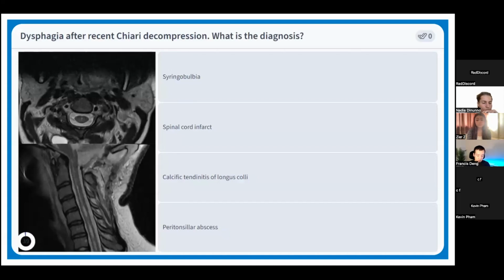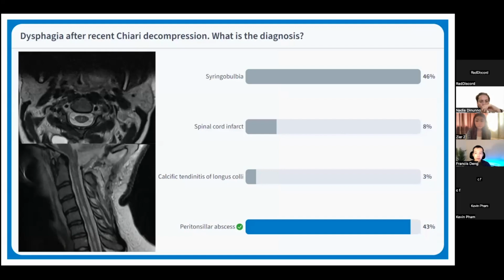Now look at all corners of the image. Okay, I gave you a hint by asking you to take a look at all corners of the image.